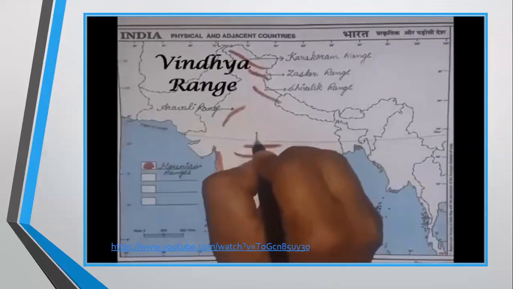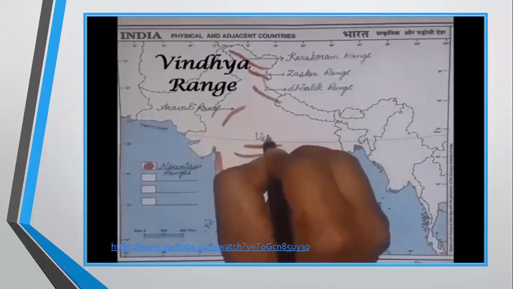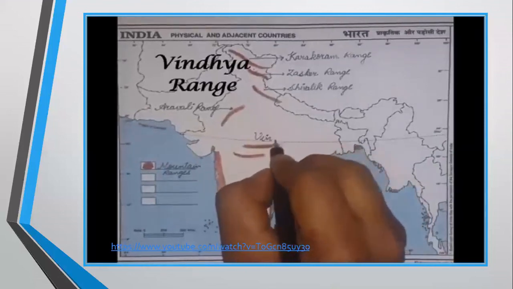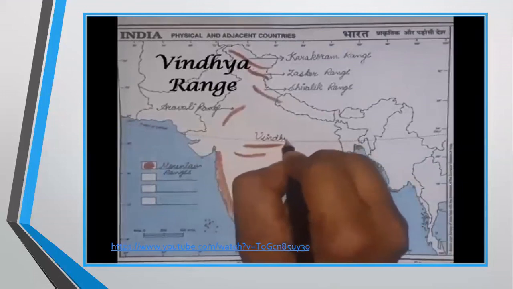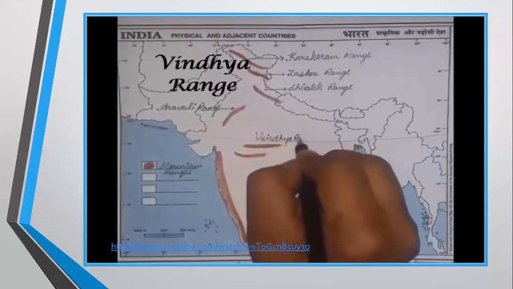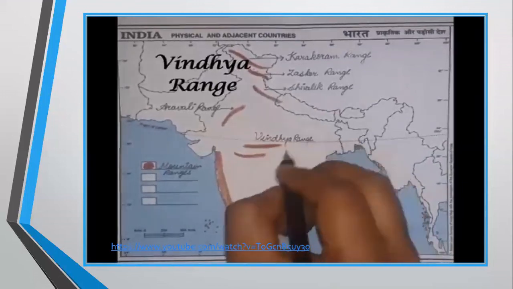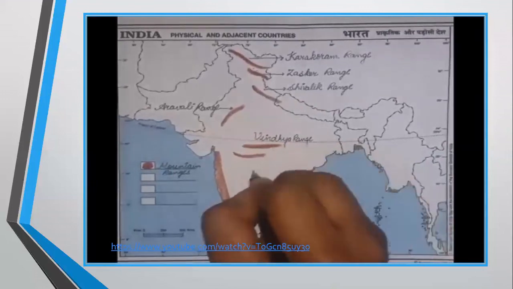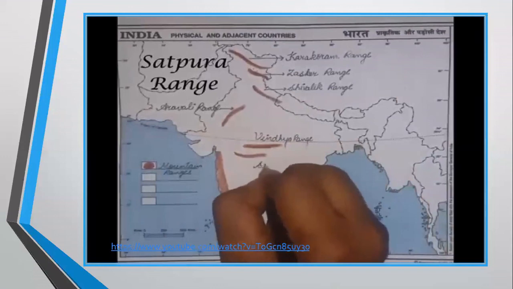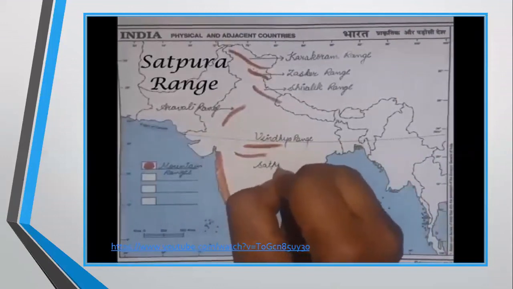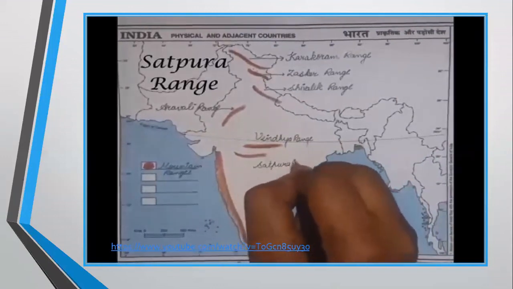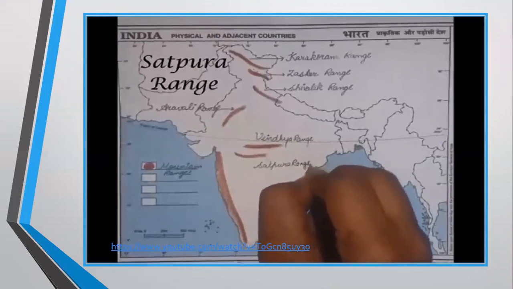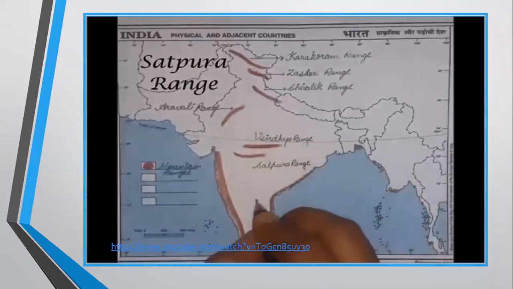This is the Vindhyas and the Satpura. Then you have the Western Ghats and the Eastern.